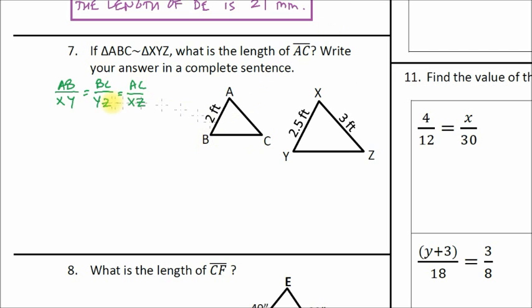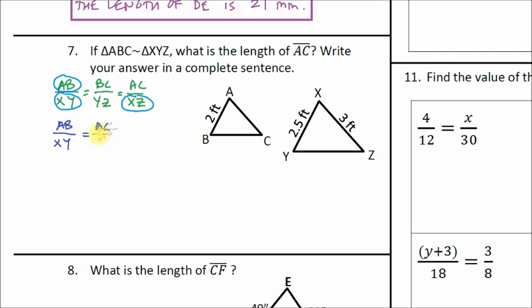Let's circle what we know. We know AB, we know XY, and we know XZ. This works out good because we're looking for AC, which is part of our second ratio. So we can write our proportion now to solve for AC. We're going to use the ratio that we know the top and bottom of.